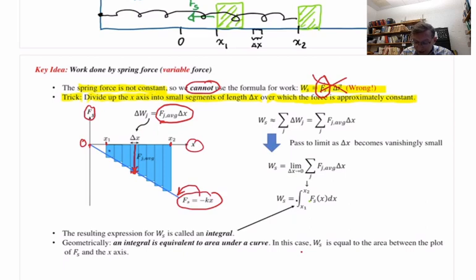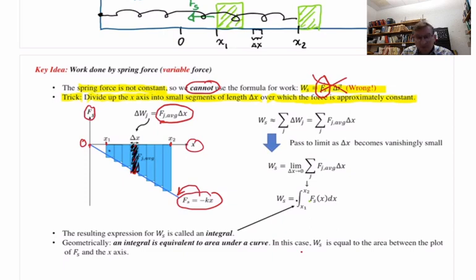But that just ends up being, if I look at that fourth little blue rectangle there, the width of the rectangle, delta x, times its height, F_j average. So that's just the area. The work then is the area of that rectangle, width times height.